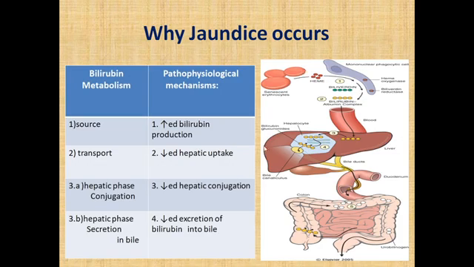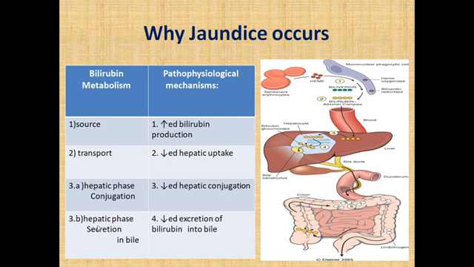Second step, transport: decreased hepatic uptake. Whatever the reason, if there is decreased hepatic uptake, it will lead to unconjugated hyperbilirubinemia. Third step, hepatic phase conjugation. In this step, for whatever reason, if the conjugation process is not occurring in the liver, that leads to unconjugated hyperbilirubinemia.